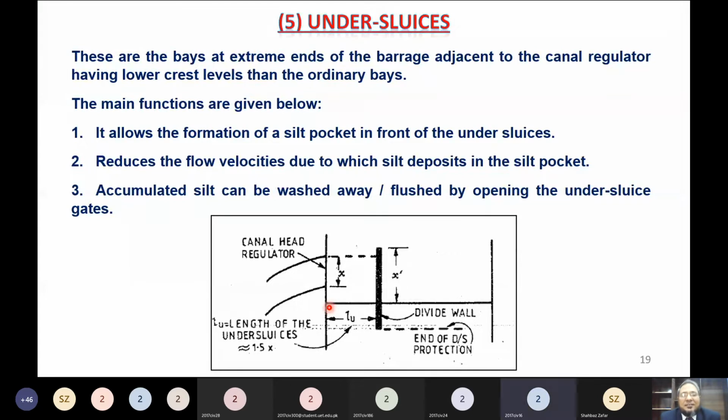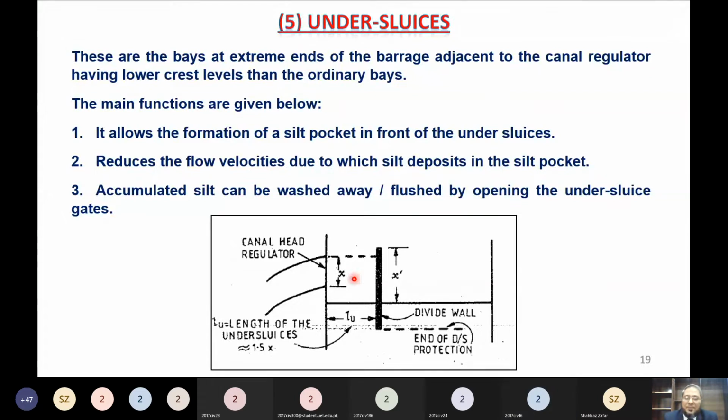So if these undersluice bays are closed, and this is a divide wall, and here also the crest is at a much higher level, so for a certain level this is also closed. So this makes a pocket, and as silt deposits inside, it is called a silt pocket. So undersluice bays actually facilitate the formation of a silt pocket.